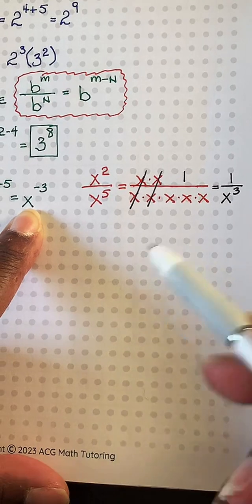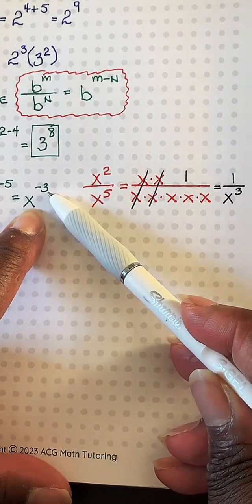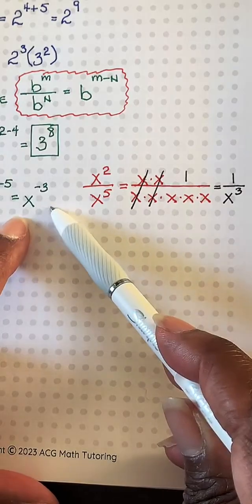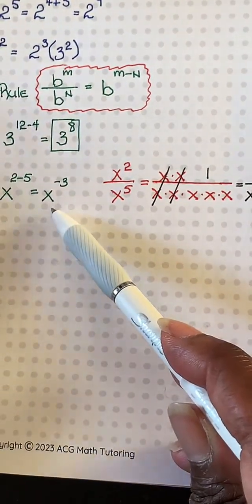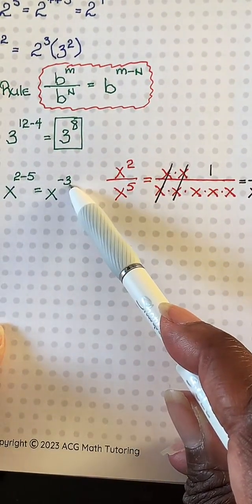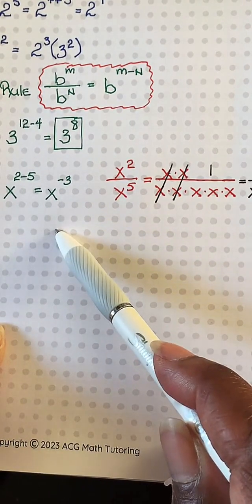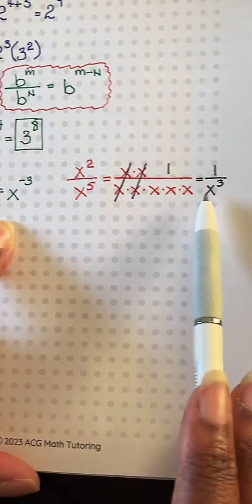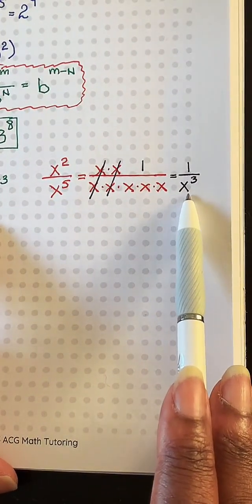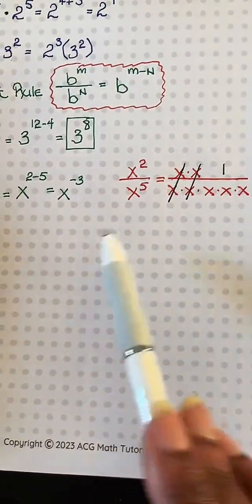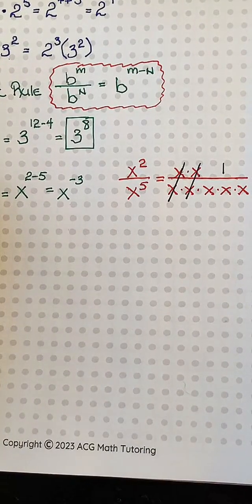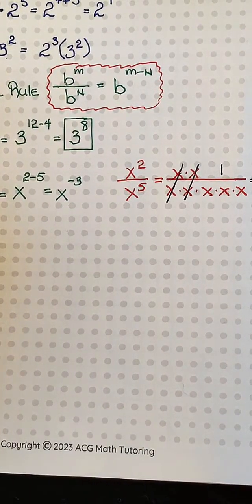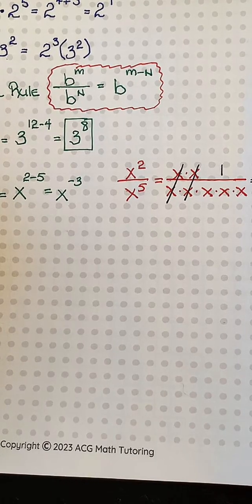So with the negative 3, right now, this is considered x to the negative third power over 1. In order for us to change it to a positive exponent, we have to flip it. We have to flip it down. We have to get the reciprocal.